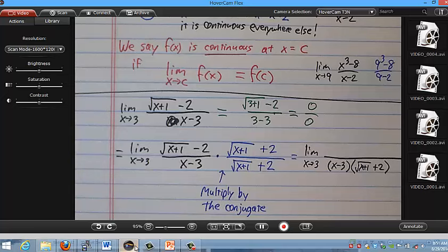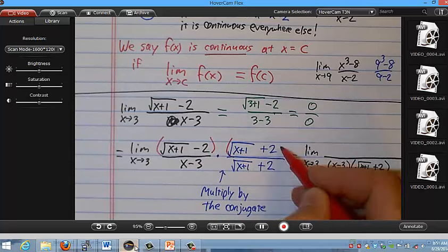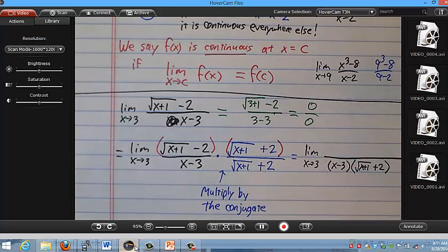But now the numerator, well, what happens here? When you multiply conjugates, it's basically two binomials, right? And you do first, outer, inner, last. When you do the first, you're doing square root of x plus 1 times square root of x plus 1, and what do you get? You just get x plus 1, because the square root times the square root gets... You guys with me? Okay.